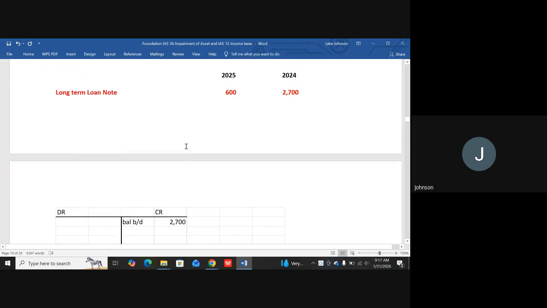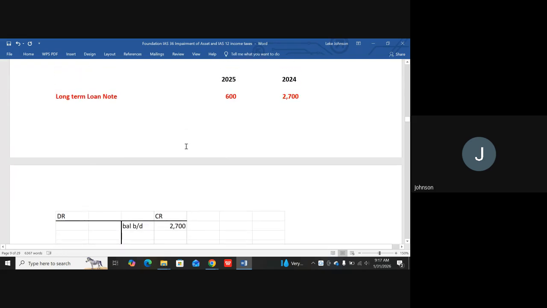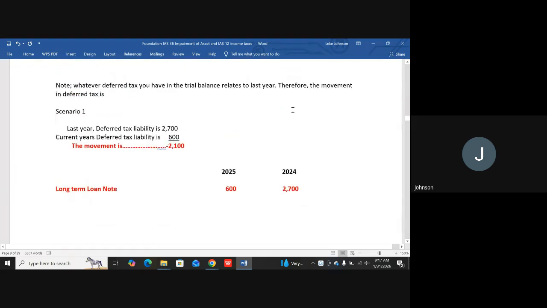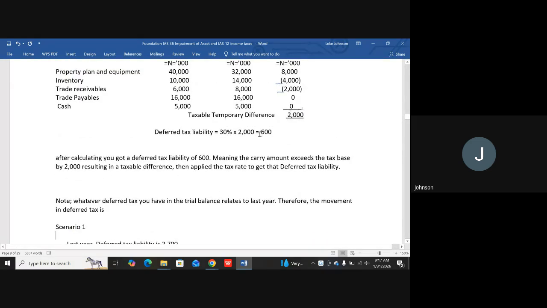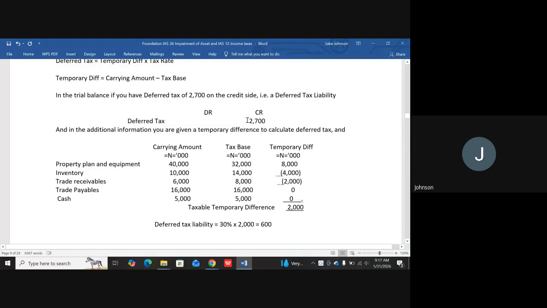However, if you are talking about that of this year, if you're having a liability, don't post it to where liability is. Rather, we do the opposite in the actual year. If you have a liability that is supposed to be on the credit side, go and post it to the opposite side. Last year we had a carrying balance of 2,700.